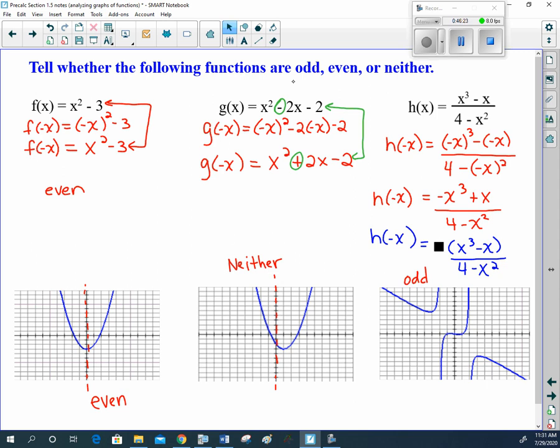So this right here is the original function, and this is now the opposite when you put the negative sign out in front. So yeah, that one is odd.